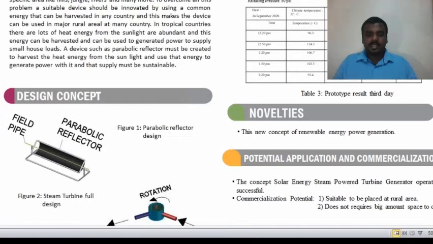As for the potential of application and commercializing, this solar energy steam powered turbine generator's concept operation was successful, and it is suitable for use in rural areas and doesn't require a big amount of space, as I said earlier.